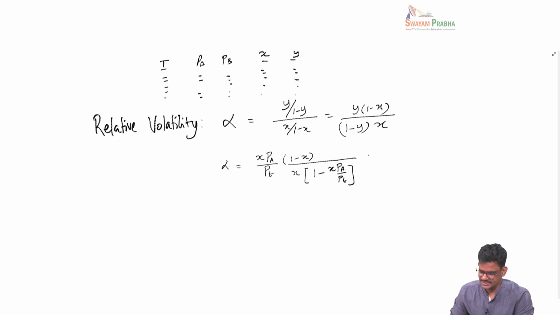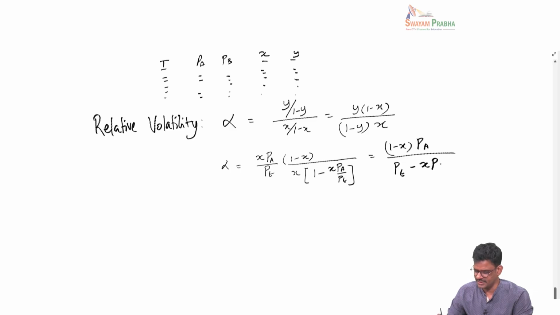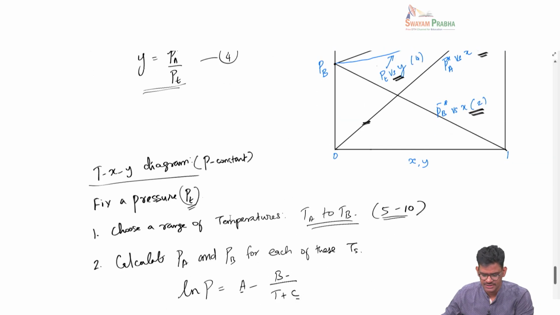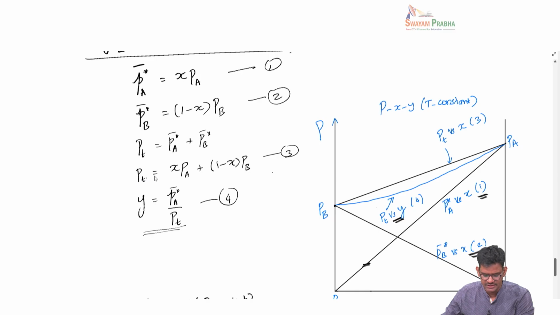So I can cancel x here, so I will have 1 minus x times Pa, and I can take Pt inside, I will get Pt minus x Pa. So what is this Pt minus x Pa? Look at your equations, we have written Pt is equal to x times Pa plus 1 minus x times Pb.